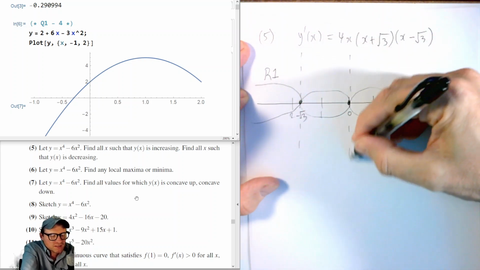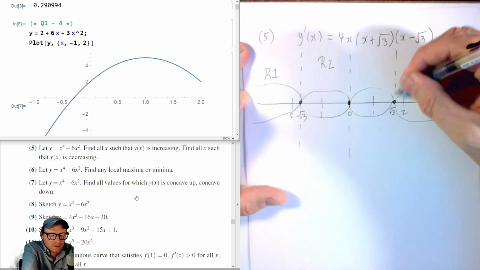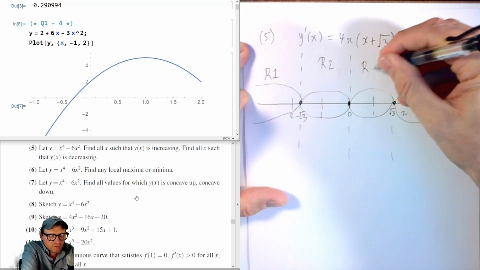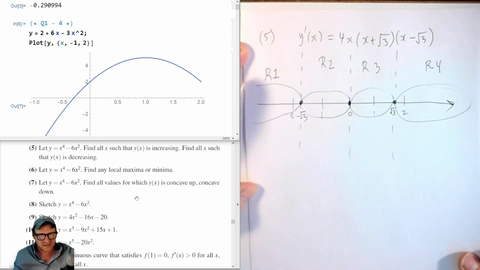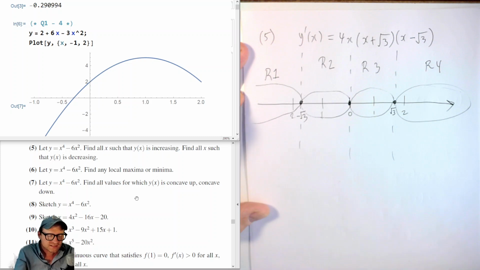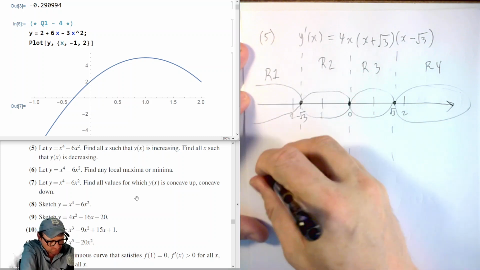Then we have region 2 of the number line, and region 3, and then region 4. Let's determine the sign for all x in region 1.